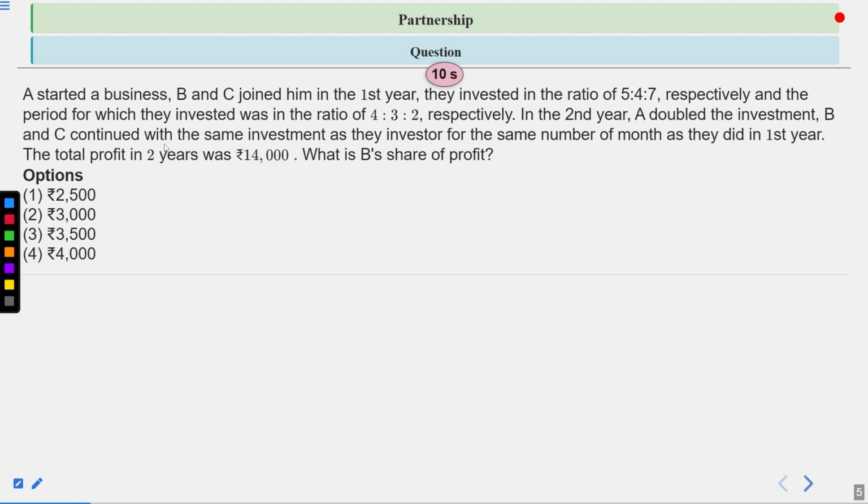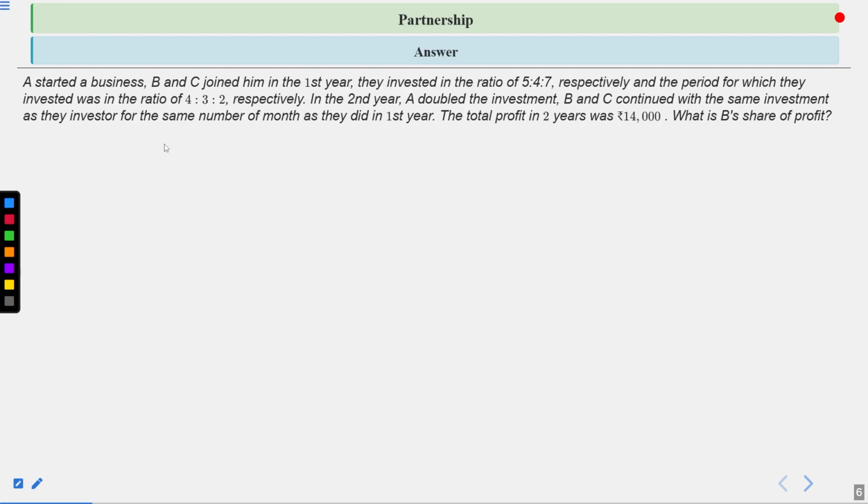Now you have 10 seconds to analyze the question. Your time starts now. Now time's up. Let's see the solution. So the question says that A, B, C invested in a business in the ratio of 5 ratio 4 ratio 7 and their time ratio is also given, which is 4 ratio 3 ratio 2.